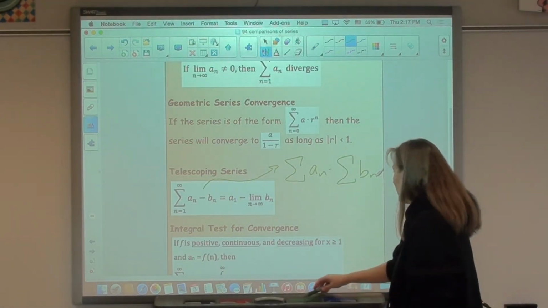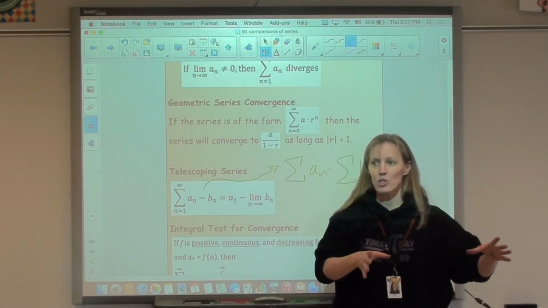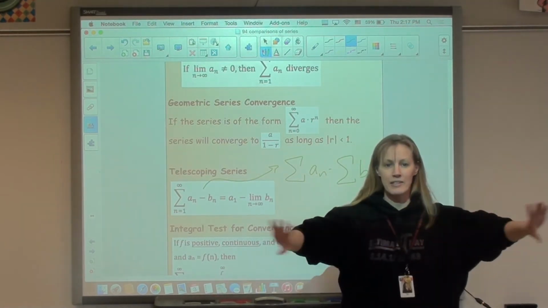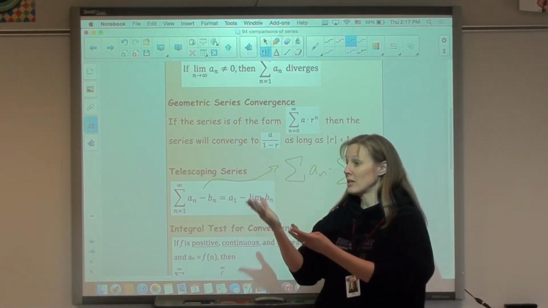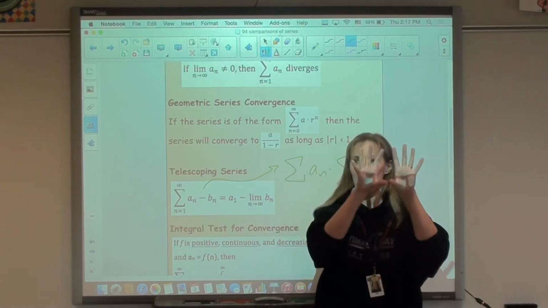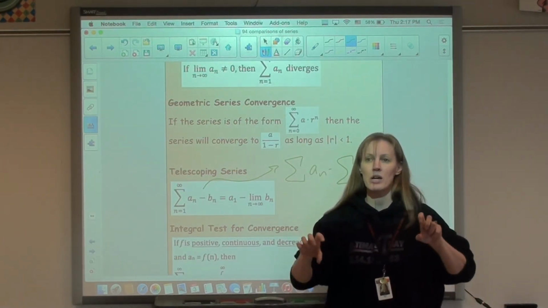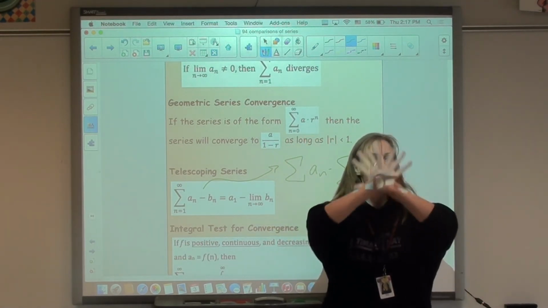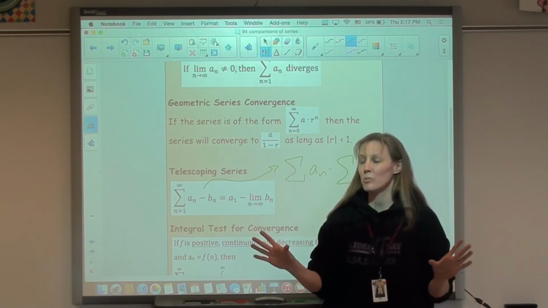Okay, so converging plus or minus converging is converging. That's a definite, that's a fact, all right? So if you have a series that is two separate rules being added or subtracted, and they both converge, then the whole thing converges. Do you understand? So that is 100% true.